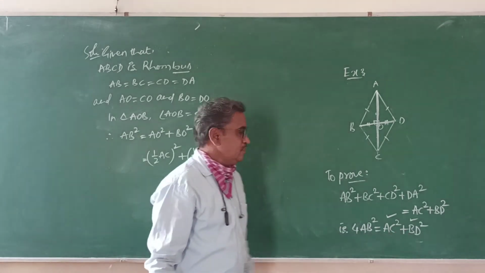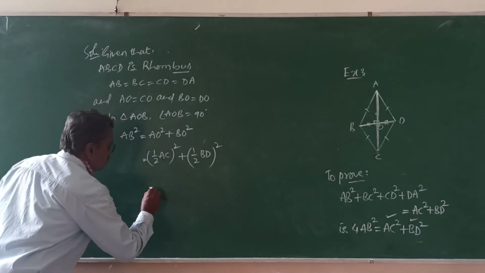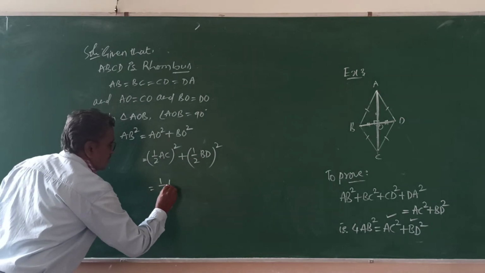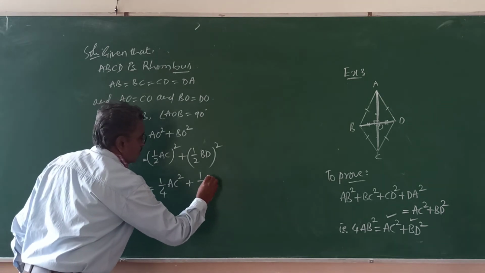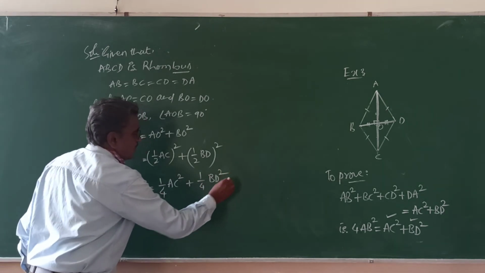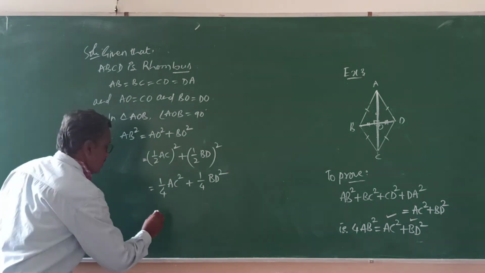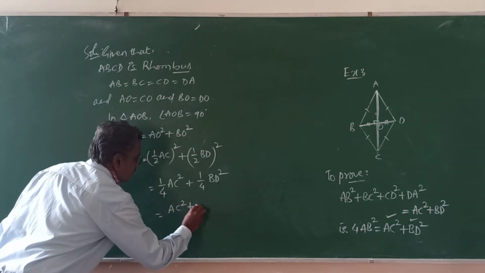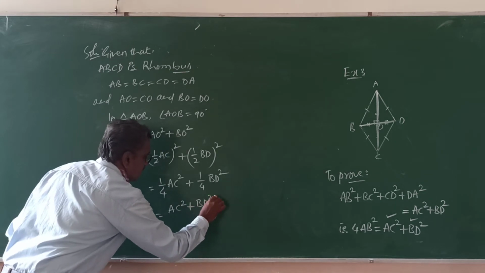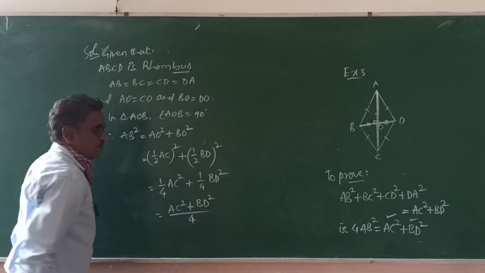So we are taking the relation, which is equal to 1 upon 4 AC square plus 1 upon 4 BD square. Okay, equal to LCM is 4, AC square plus BD square divided by 4.